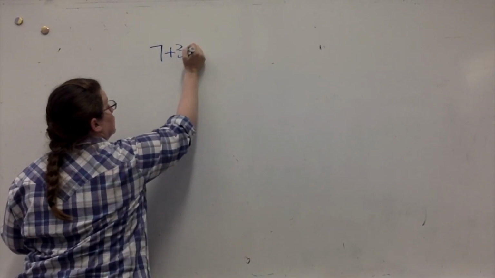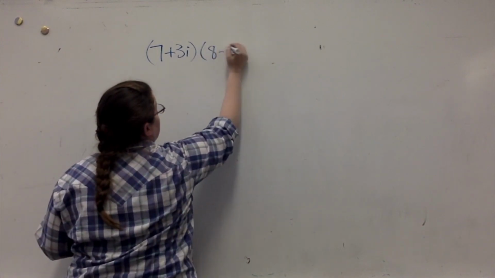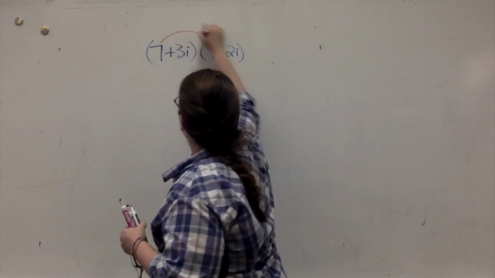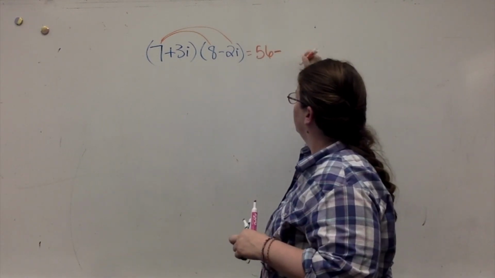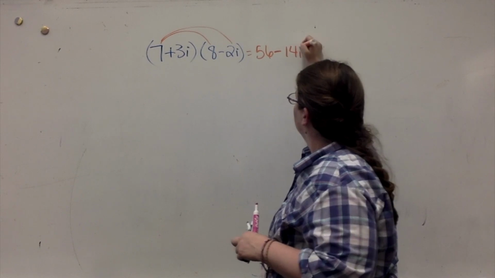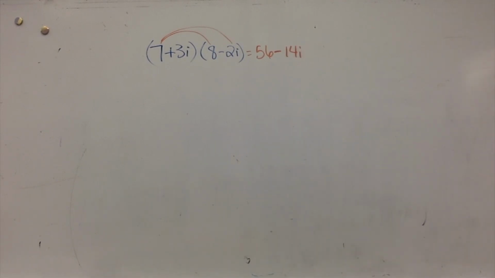Make sure you take the 7 times both the 8 and the -2i, and then you have to multiply the 3i by both the 8 and the -2i. So you use the distributive property, and then you substitute whenever you get i squared, and then you combine like terms.